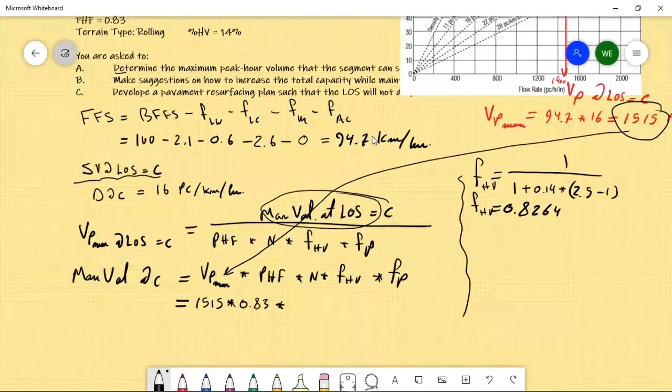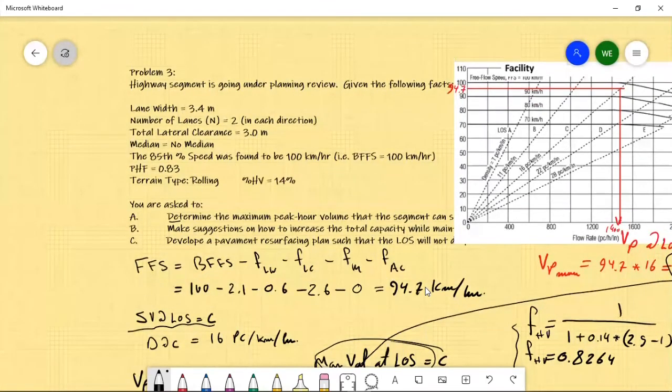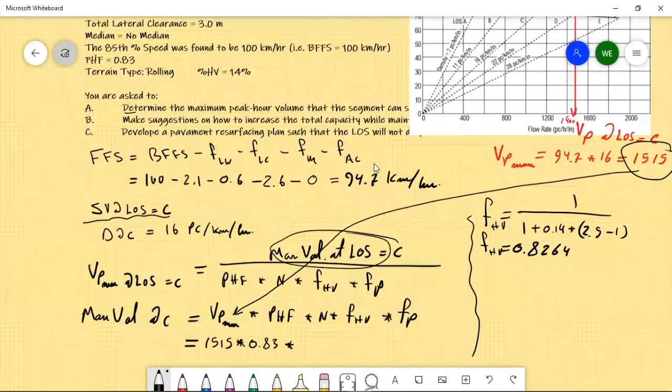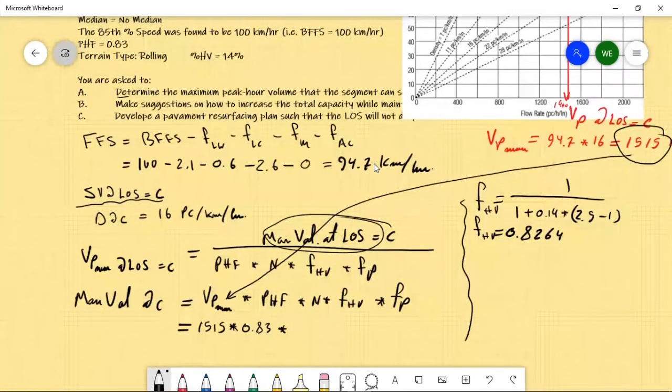Multiply the number of lanes, 2 in each direction. So here we have 2, multiply 0.8264, multiply 1.